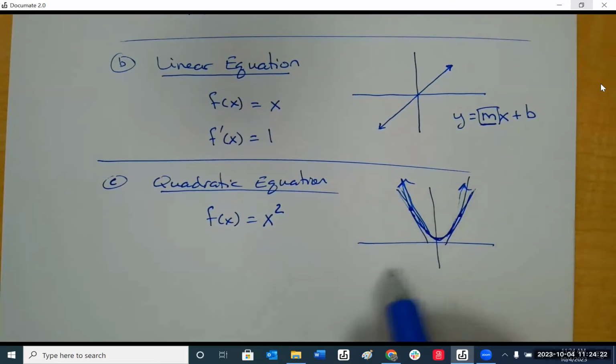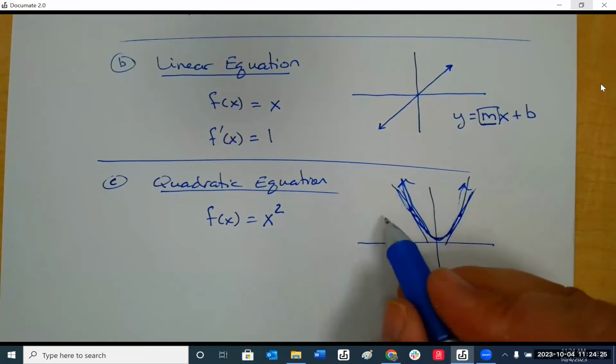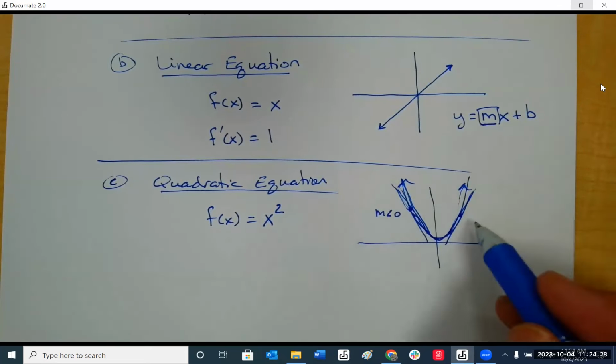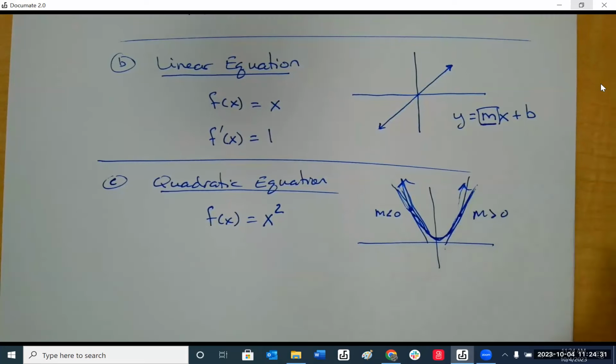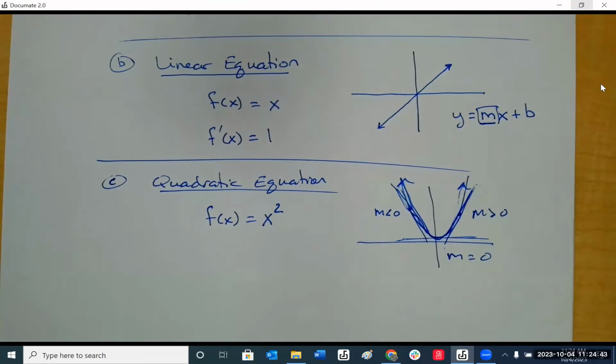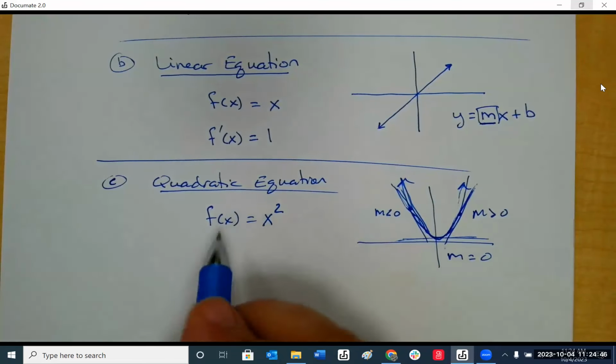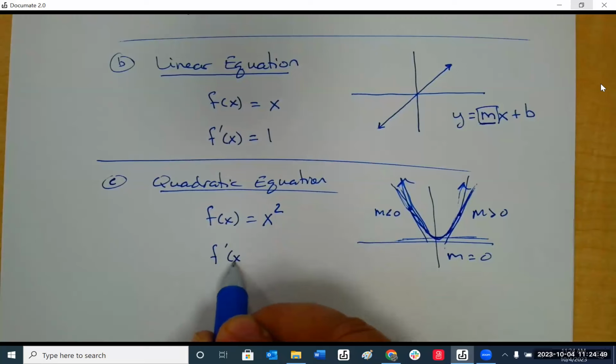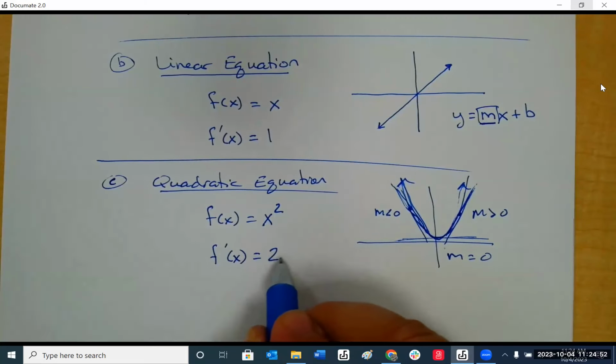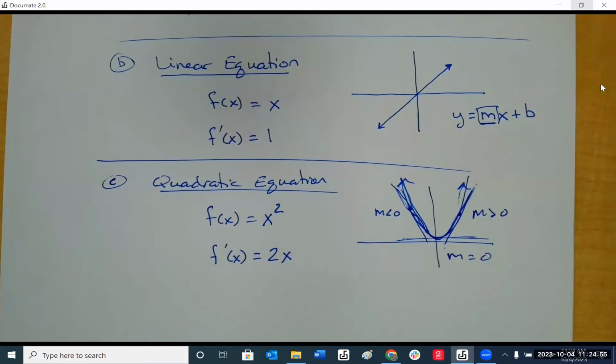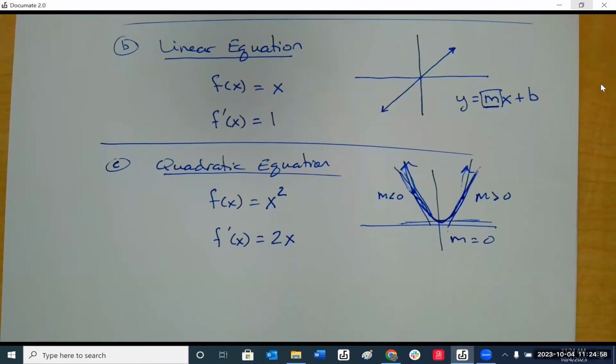On the left side of zero, we have a negative slope. On the right-hand side, we have a positive slope. Whenever one side's going down and one side's going up, somewhere in the middle the slope is zero. It exists, but it's flat. The derivative of this one is 2x. This leads us to what's called the power rule.